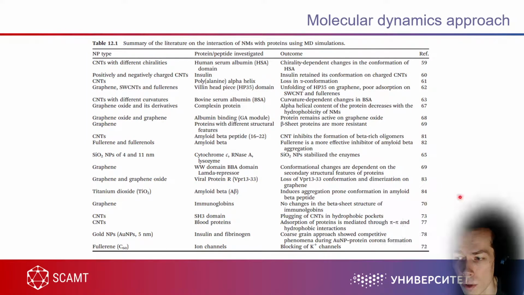In most cases, molecular dynamics is used to assess proteins, connections between proteins, and conformational changes of proteins, other molecules, and so on. But in some cases, you can use this to check how your proteins will interact with nanoparticles, not even proteins, but some peptides, maybe some other molecules, and so on.